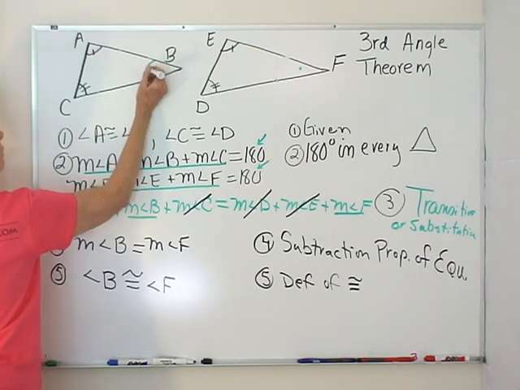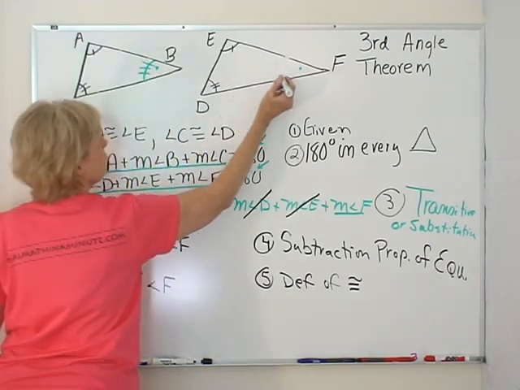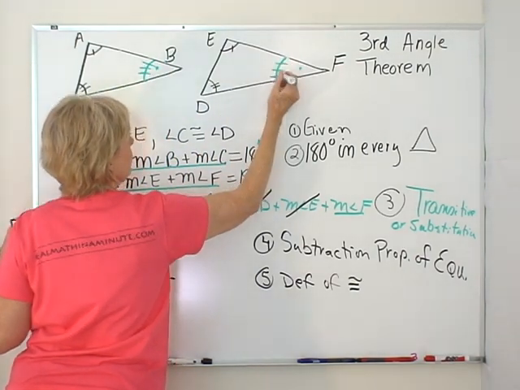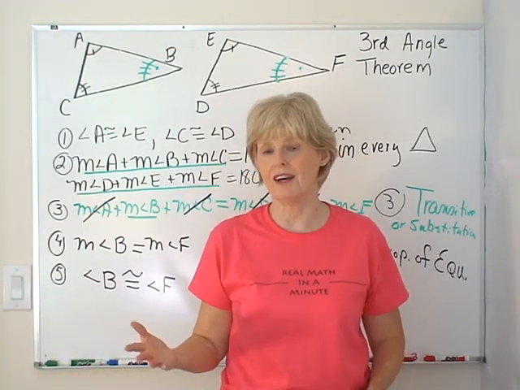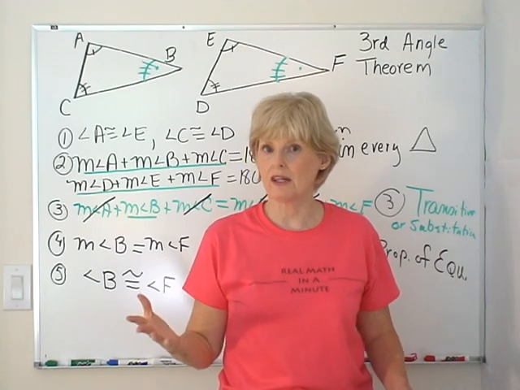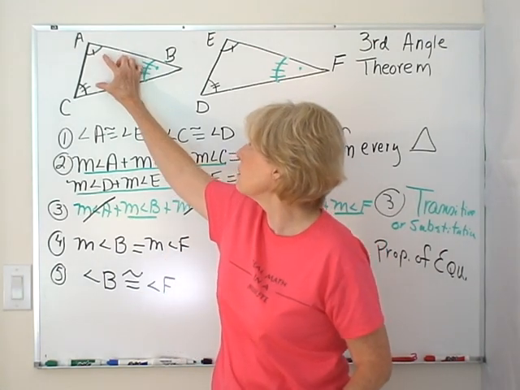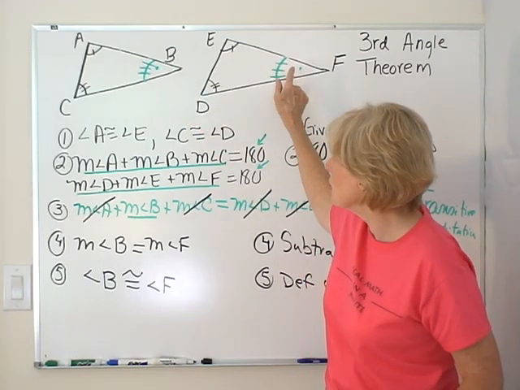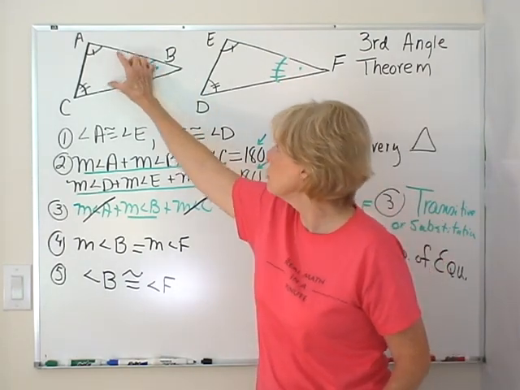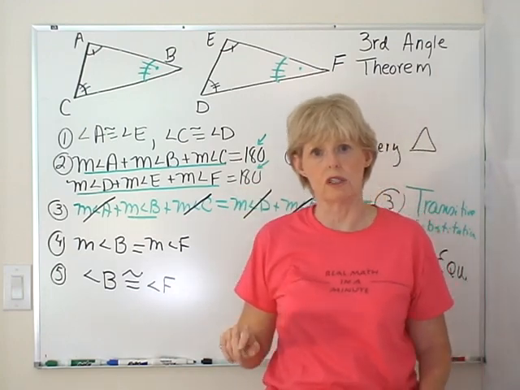So now we do know that angle B is congruent to angle F. And we have proven the third angle theorem, which says in two triangles, if two angles of one triangle are congruent to two angles of the other, then the third angles are congruent.